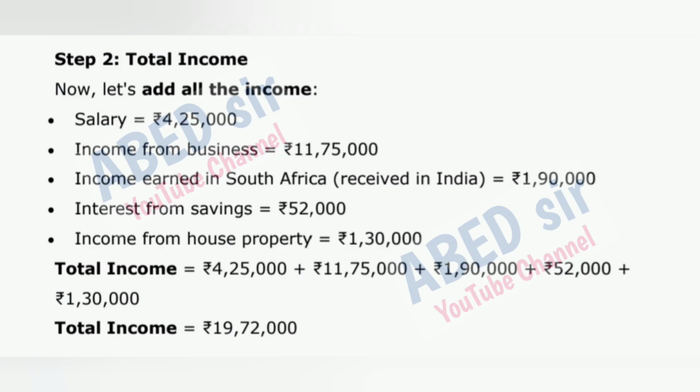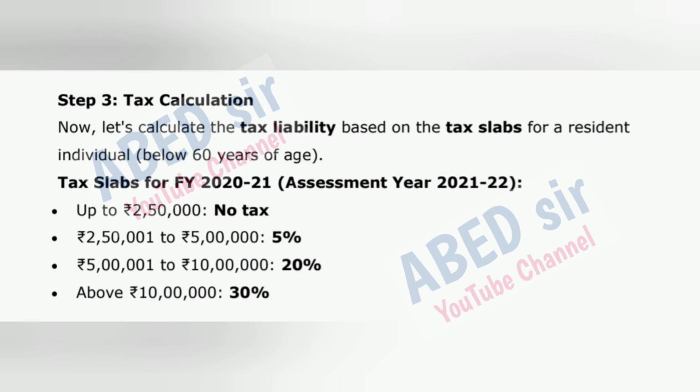Income from house property is equal to 1,30,000 rupees. Total income is equal to 4,25,000 rupees plus 11,75,000 rupees plus 1,90,000 rupees plus 52,000 rupees plus 1,30,000 rupees. Total income is equal to 19,72,000 rupees.